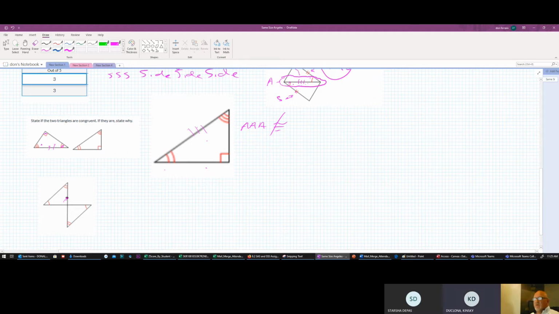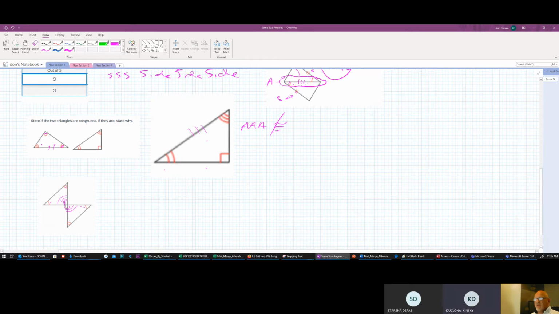Now, we do know that vertical angles are congruent. And then we've got 1 tick mark and 1 tick mark, this one right here and this one right here, okay? So we've got that angle's congruent. Then we got 2 tick marks here and 2 tick marks here.